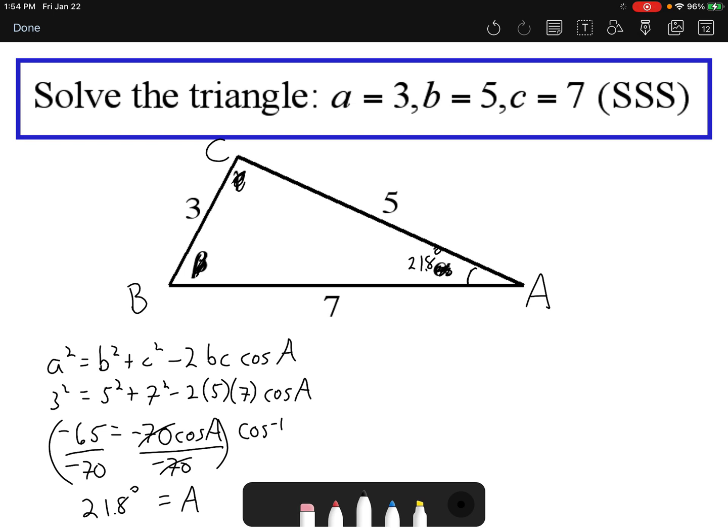Now we got to find C or B. Let's find B. So B squared equals A squared plus C squared minus 2AC cosine B. Now I know some of you want to use the law of sines, don't you? Don't. You do not want to mix them if at all possible, because it's a possibility where you'll get the angle that should be 180 minus that.